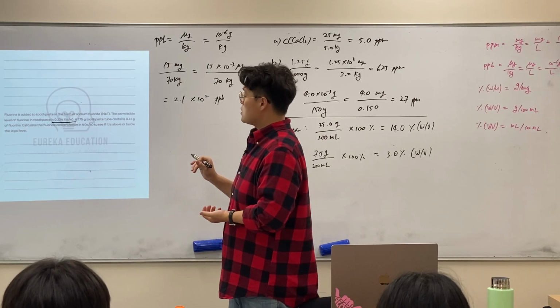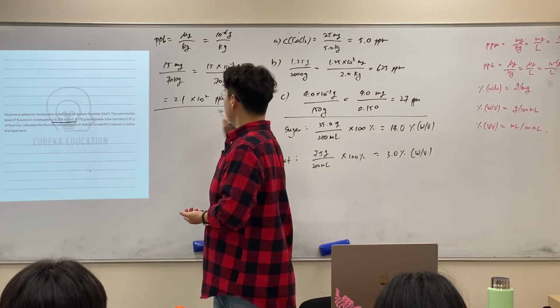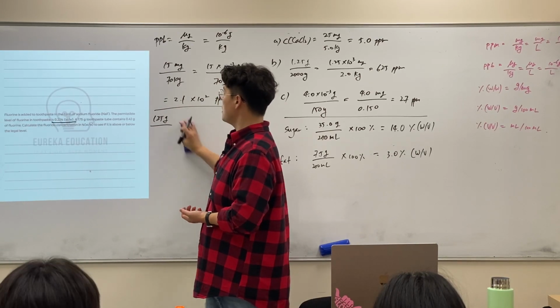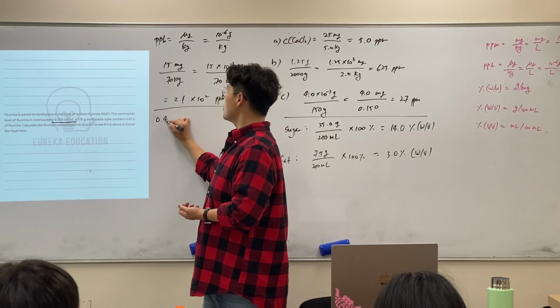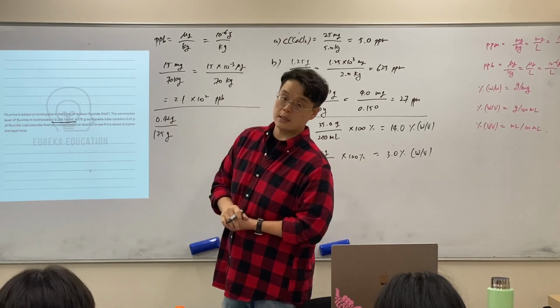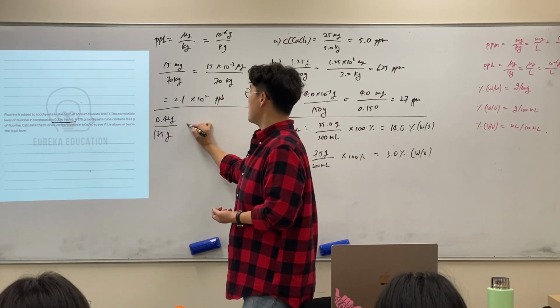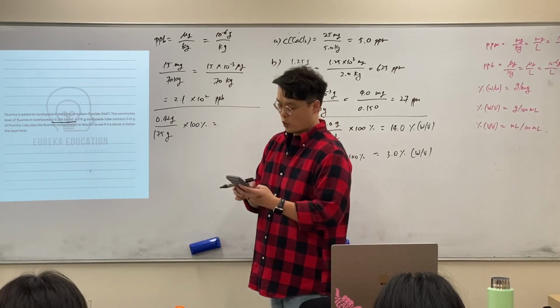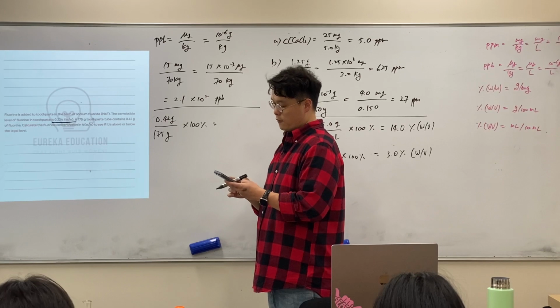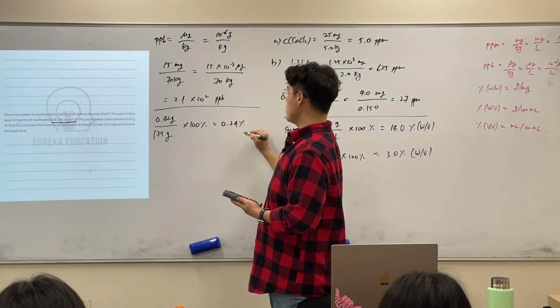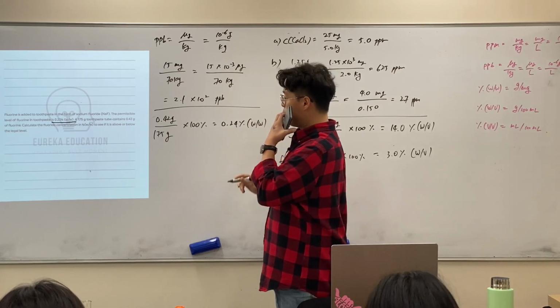Okay, so we have 175 grams given, and 0.42 grams of fluoride in the 175 grams of toothpaste. Let's find that in terms of percentage. 0.42 divided by 175 times 100, you get 0.24% weight per weight.